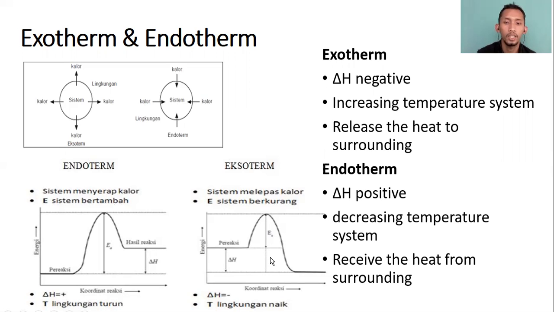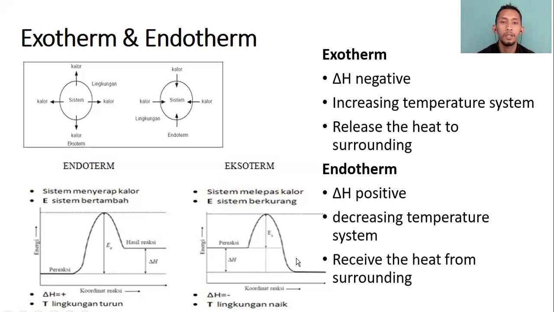and this one is the other way. When the enthalpy is decreasing, we call it exotherm. Just be careful with enthalpy and temperature, because here the temperature is increasing but the enthalpy is decreasing.